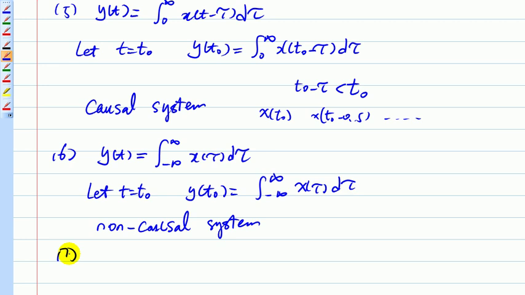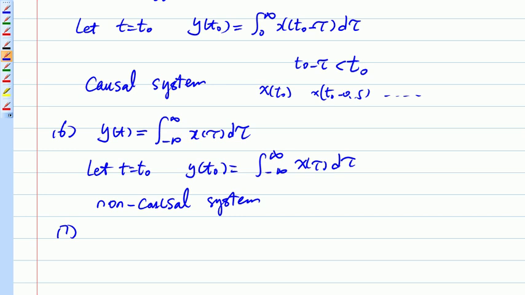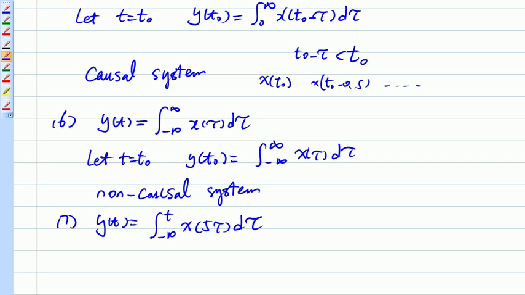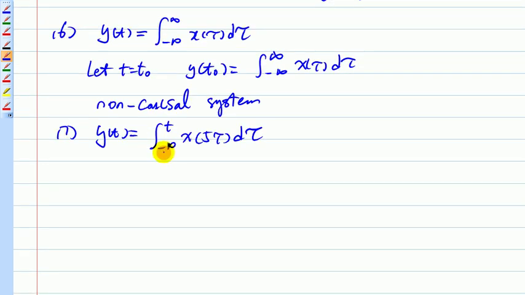So the last one, number 7. The integral limits seem to be okay, negative infinite to t. However, the integrand inside is x of 5 tau. So this is like the case we dealt with, x of at, where a is greater than 1.